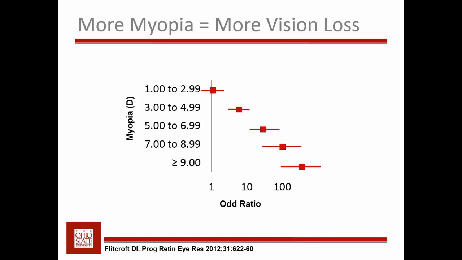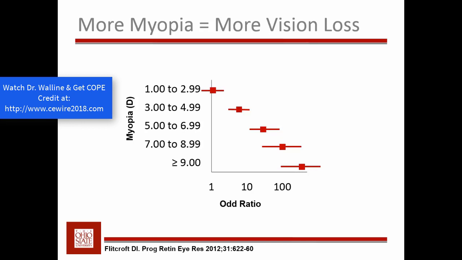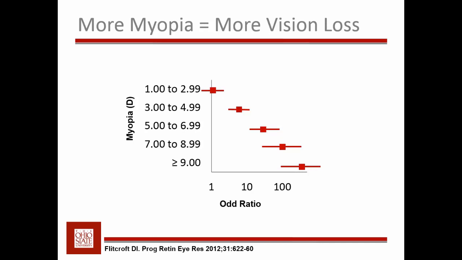Now, you know that the risk of sight-threatening problems increases with increasing amounts of myopia. So if you have greater than 9 diopters of myopia, you're over 100 times more likely to have some sort of myopic maculopathy. But what you should keep in mind is that even people with lower amounts of myopia are still at risk of myopic maculopathy or vision loss.